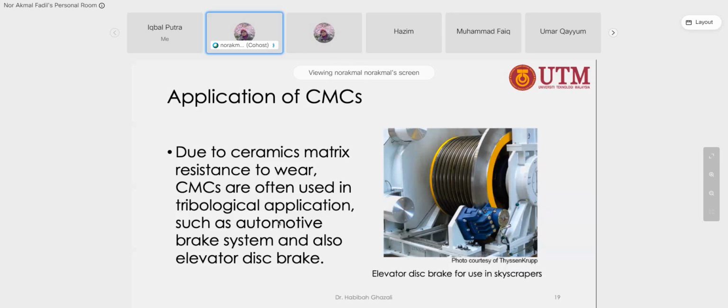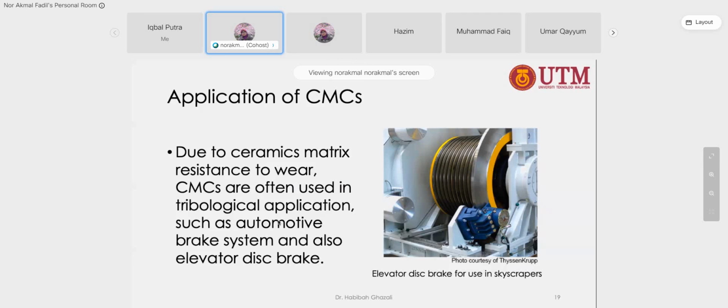If you look at these applications, they involve friction and abrasion. So the main requirement for this kind of application is wear resistance.